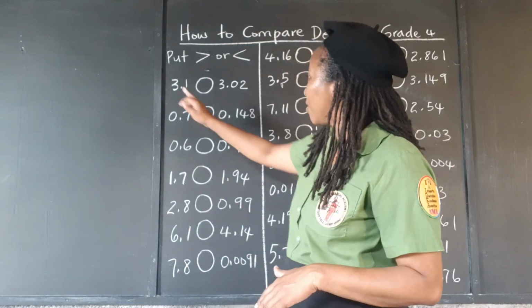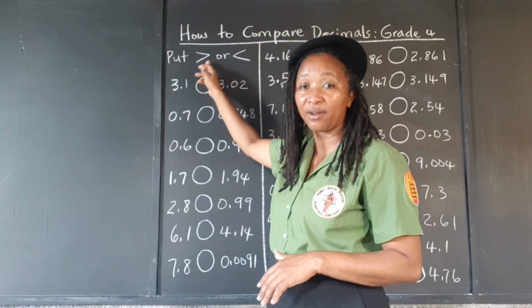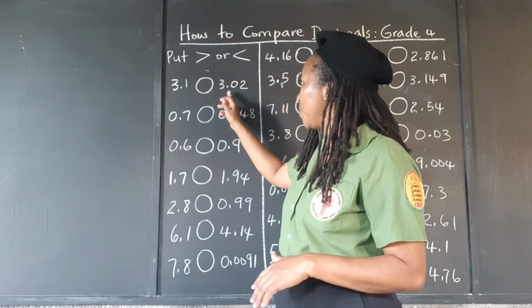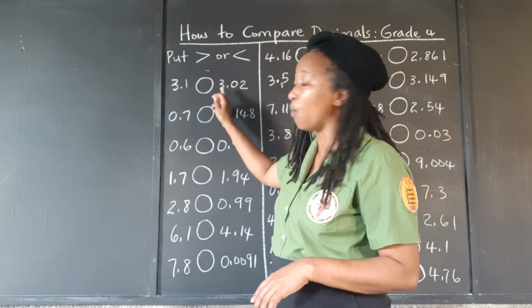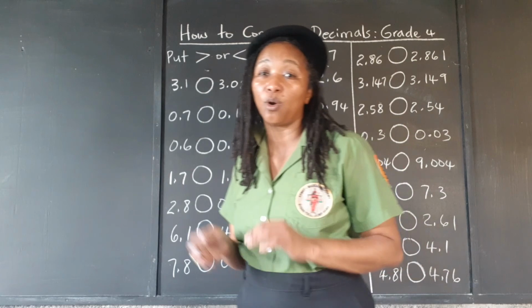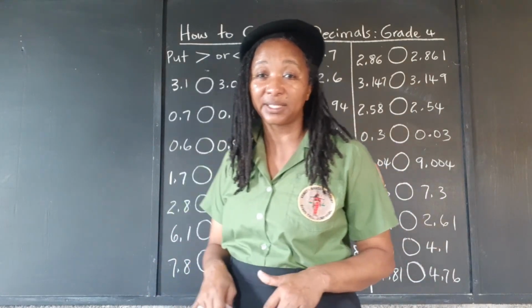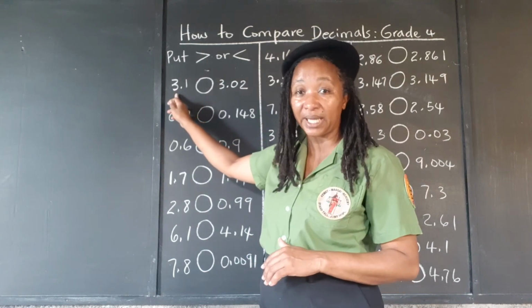So here we have 3.1, and we're going to write whether it's greater than or less than 3.02. So they both have 3 in the ones place. Okay? So we start by comparing the whole number aspect if there is a whole number aspect. They both have 3 in the ones place.